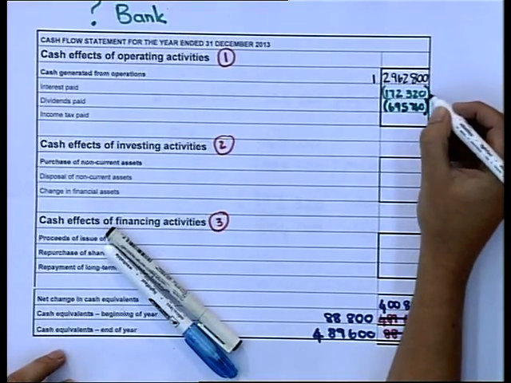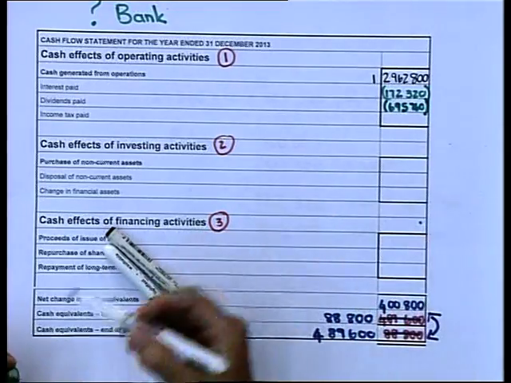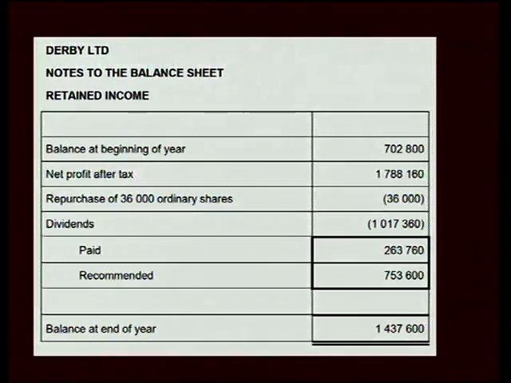But there is another method of getting to the 695,760. Let's say we were provided with a retained income note, and you weren't, but you would be able to construct it from the information that was provided. I'm trying to explain to you that sometimes the information is given to you in a different way, and then you also need to be able to get to the dividends amount without reconstructing the ledger account.